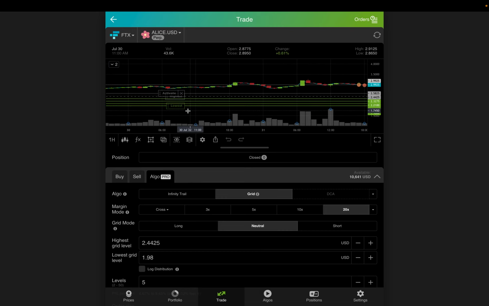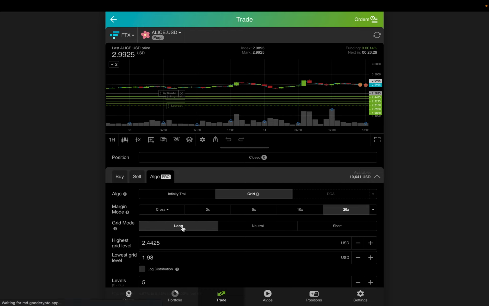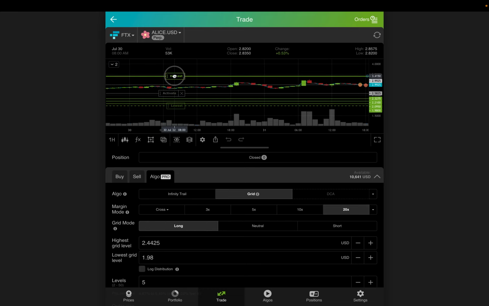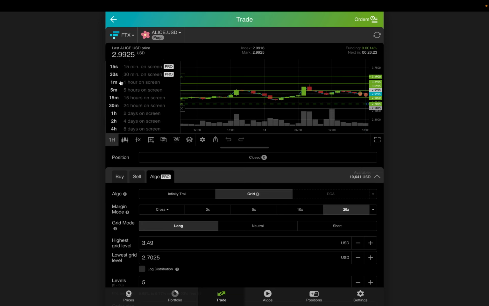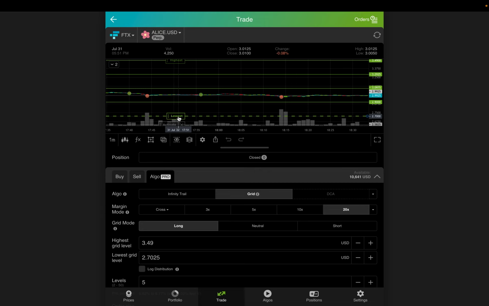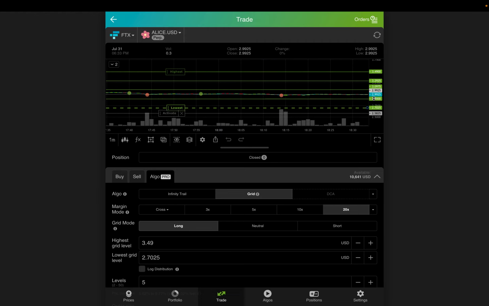For example, you are setting a long grid here, and you want to make sure that it activates when there is an uptrend. You expect the price to go up, so you put an activation price somewhere here. So now the grid will activate only if the price hits here.